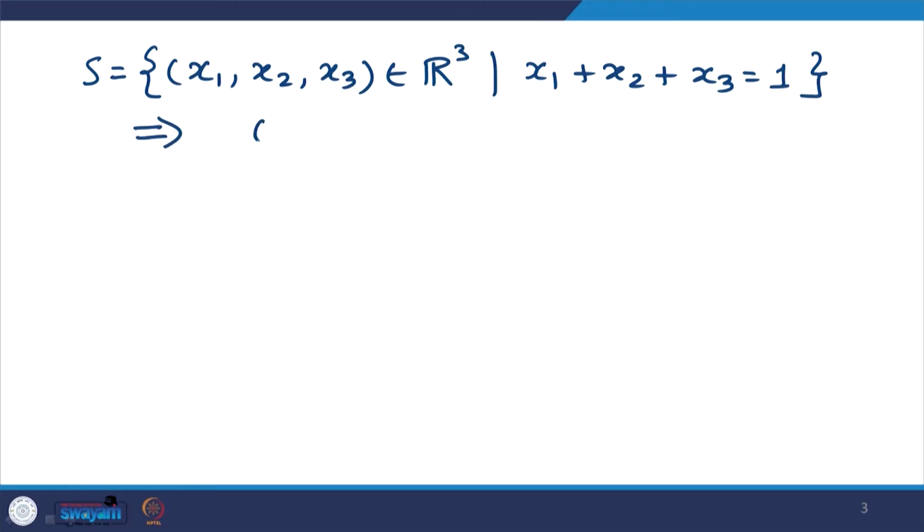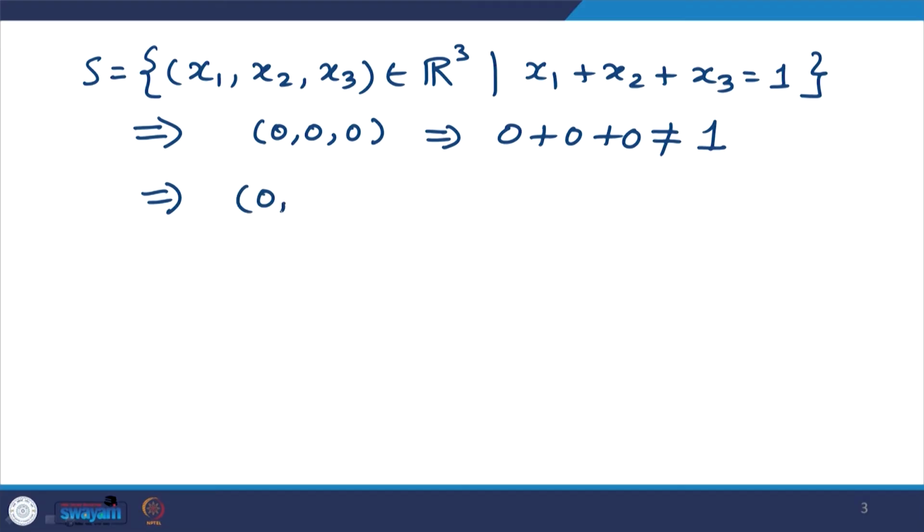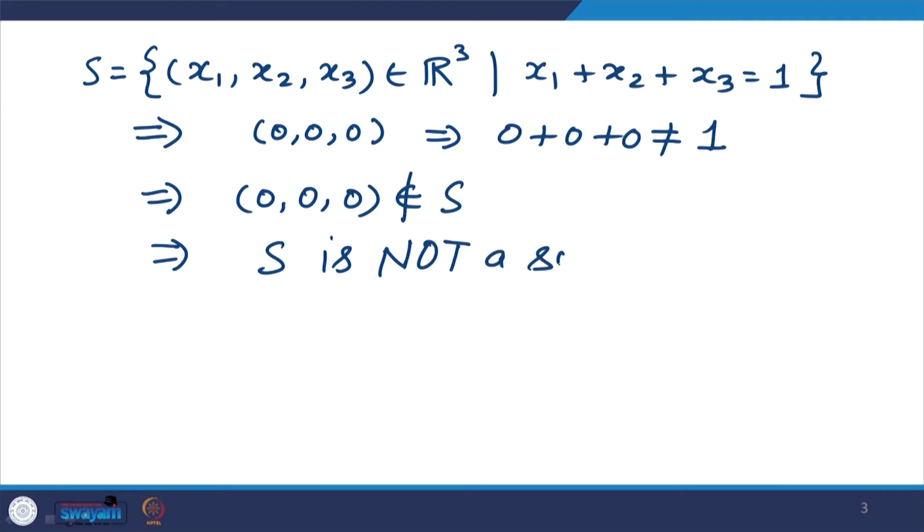So, if I take the 0 vector, then 0 plus 0 plus 0 is not equal to 1. What it is saying is that the 0 vector of R3 is not in S, and hence S is not a subspace of R3.